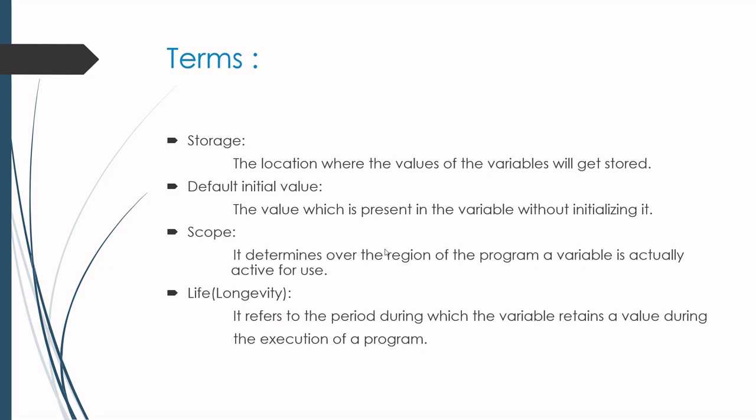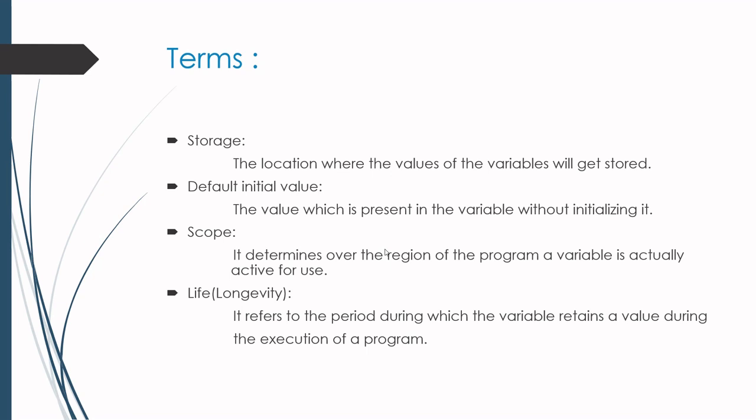But for some variables, I couldn't access those throughout the execution of the program. Everything we will discuss in the demonstrations. So now just have an idea that life is nothing but the period during which the variable retains a value during the execution of a program.